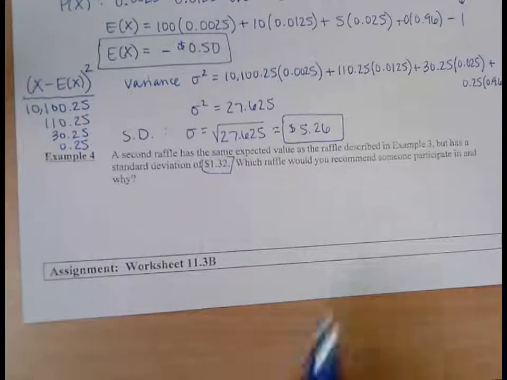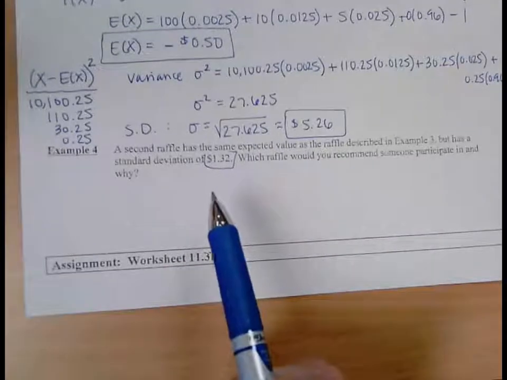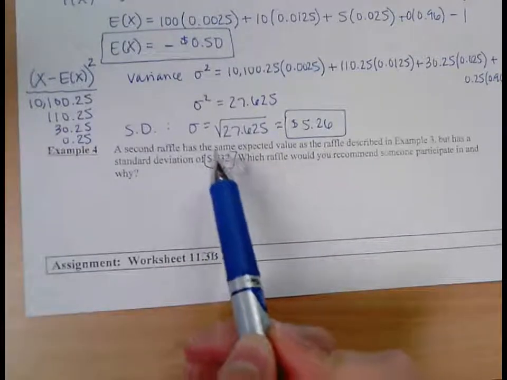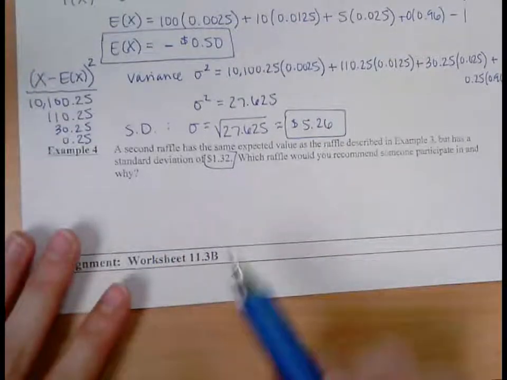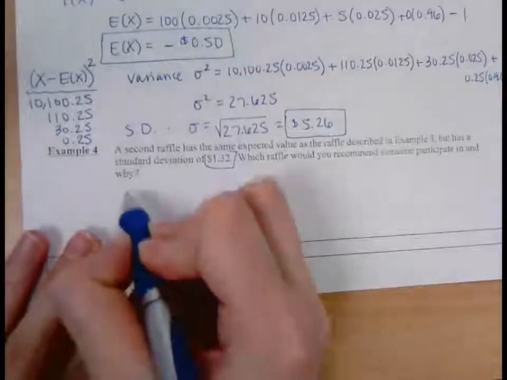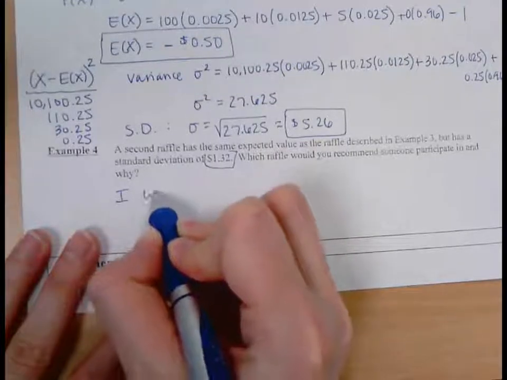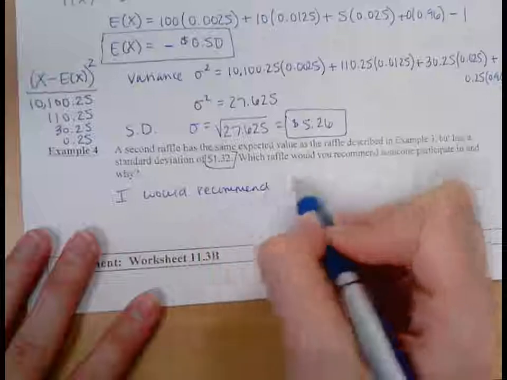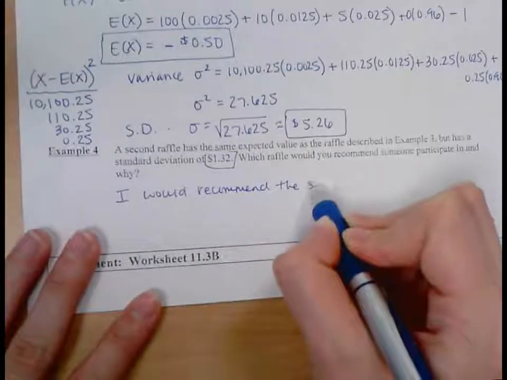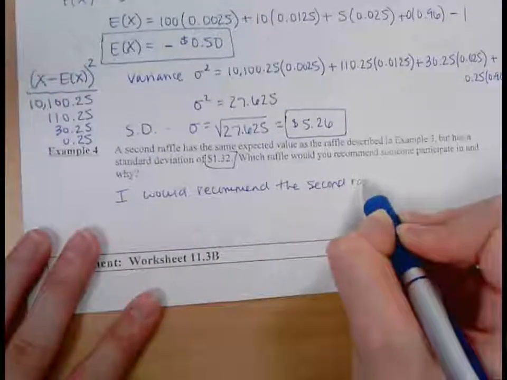So you'd want to choose the raffle that has the smaller standard deviation. I'll put here, I would recommend the second raffle.